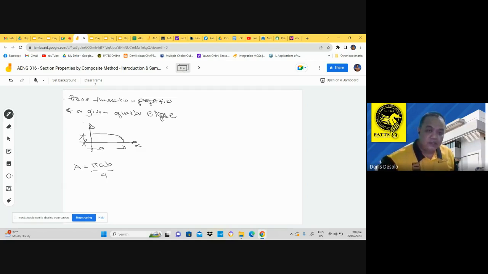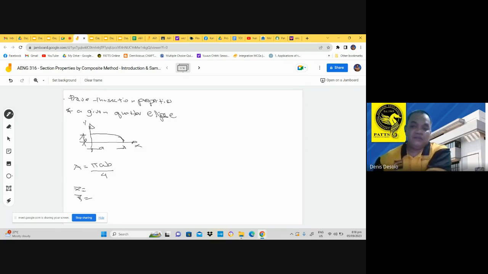So the idea is, this is our y-axis. We're trying to prove this area of the ellipse. The x bar in the circle and y bar are the same because they are perfectly symmetric. So x bar is equal to y bar, and as you recall, x bar and y bar for the circle is equal to 4r over 3 pi.